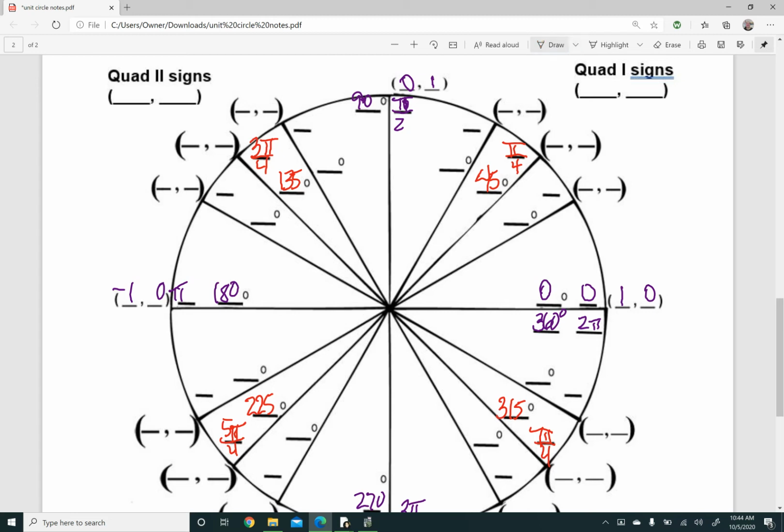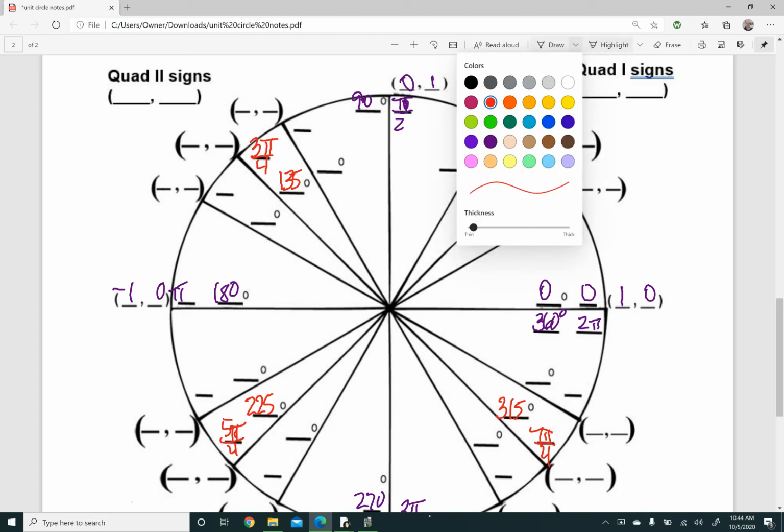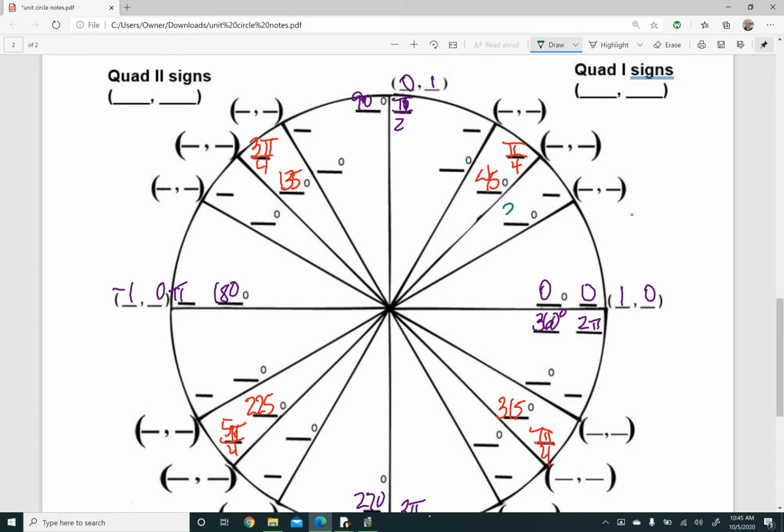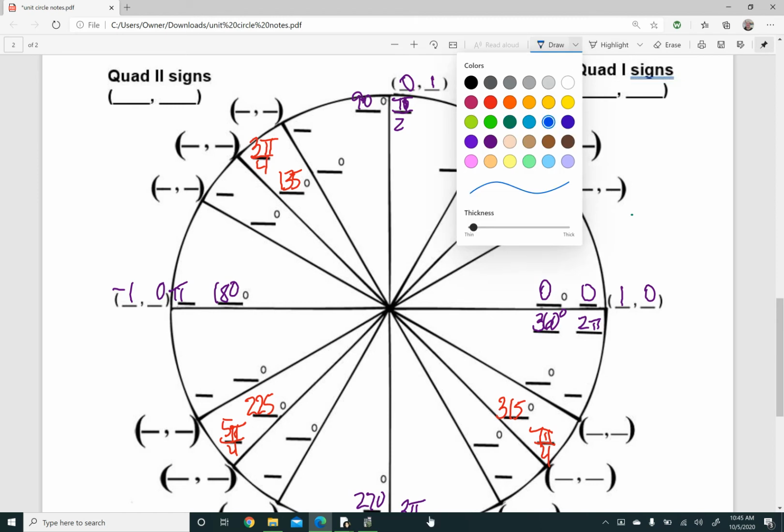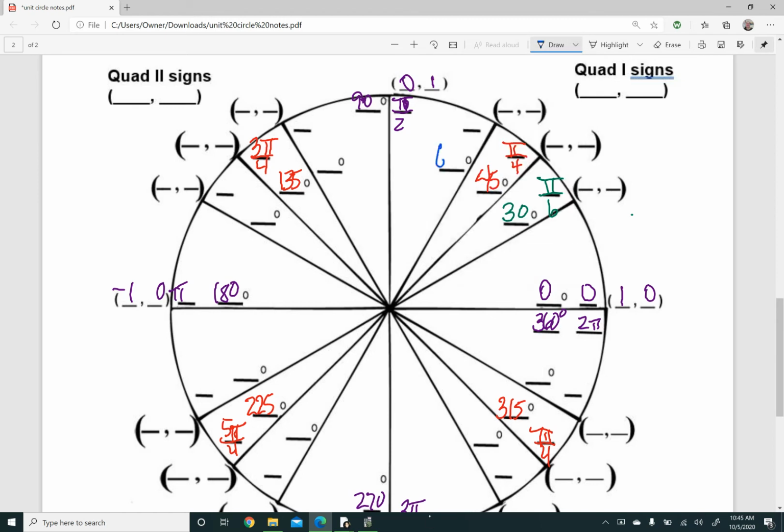So now we're going to do our 30-degree circle, or pi over 6. Our 30-degree circle goes 30, 60 degrees. Pi over 6, then pi over 3, 90, 120, which is 2 pi over 3.